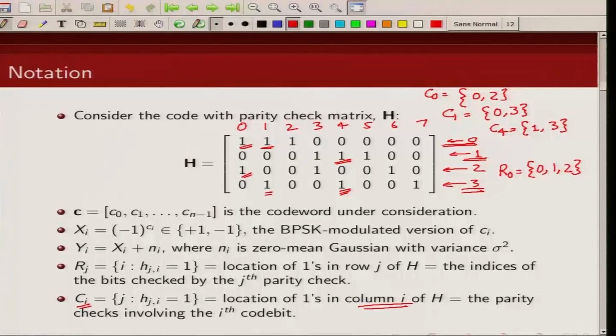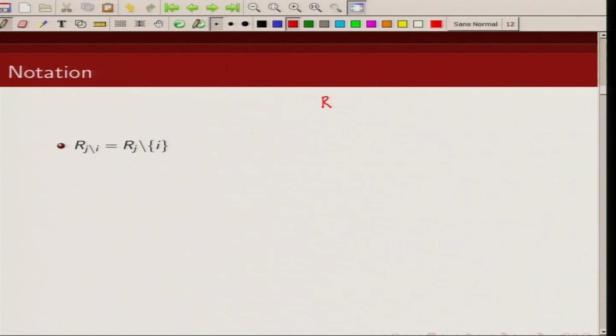So if I define, let us say R0 minus 0, that would be, because R0 is 0, 1, 2, R0 minus 0 will have 1 and 2. Similarly, R0 minus 1 will be the set containing 0 and 2, and R0 minus 2 will be the set containing 0 and 1.